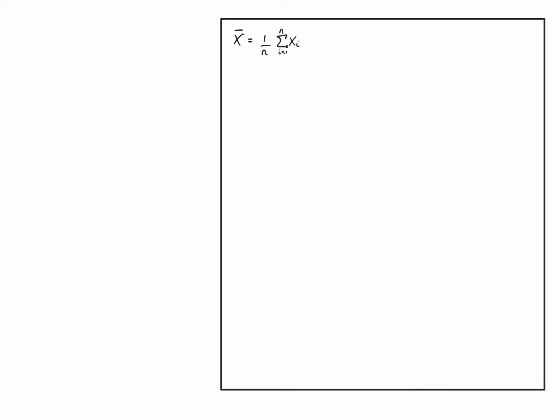Now I'm going to start with a few assumptions. Let's start by saying that the xi, all of the observations, are independent and identically distributed. And what that means is that if they're independent, it follows that the covariance between xi and xj is going to be equal to 0.